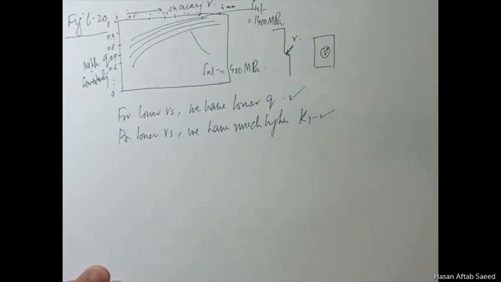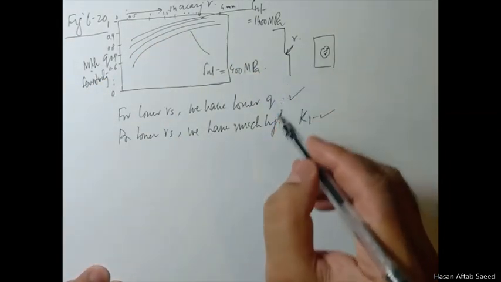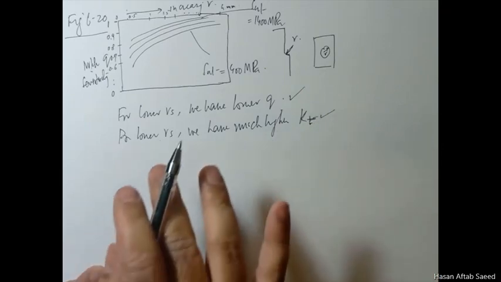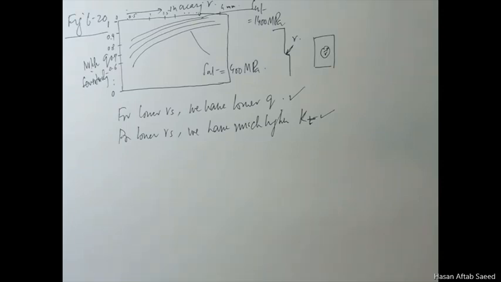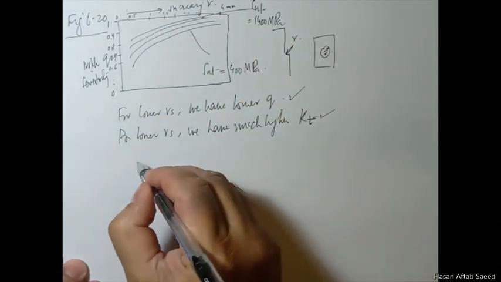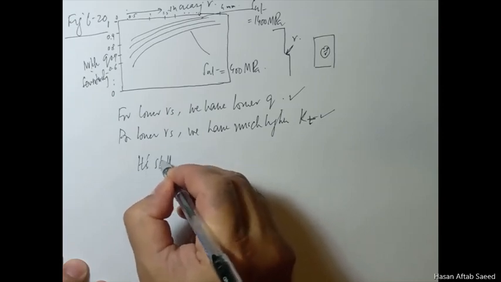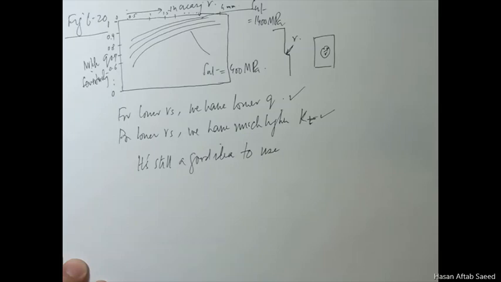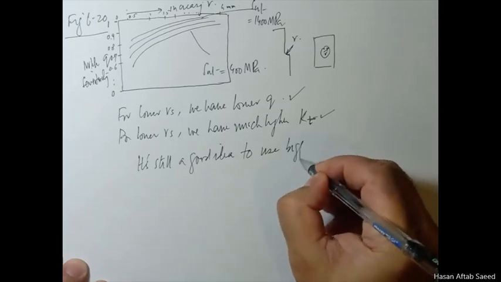It's a good thing, but at the same time we have very high values of KT, so the net effect of KF is to increase. So it still is a good idea. So the first, obviously, if we talk about this one, it's still a good idea to use bigger R's.